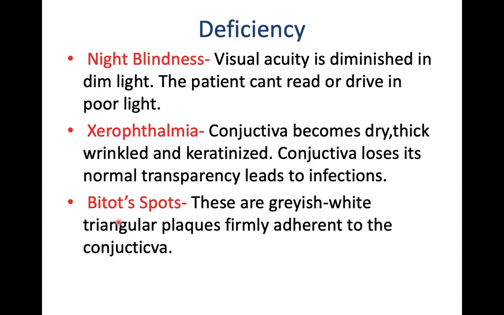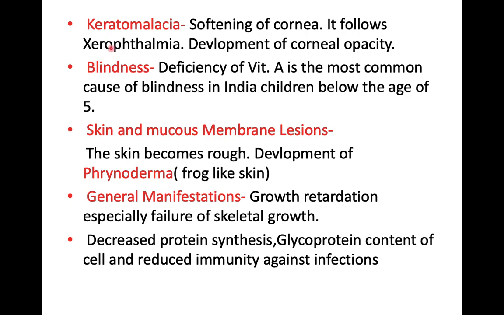Another thing is the Bitot spot. It is a grayish white triangular plaque firmly adherent to the conjunctiva. We will see images of that in an upcoming slide. The next stage is keratomalacia, where there is softening of the cornea, leading to development of corneal opacity.